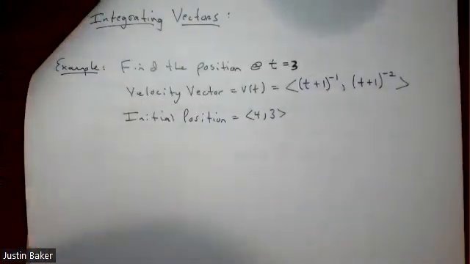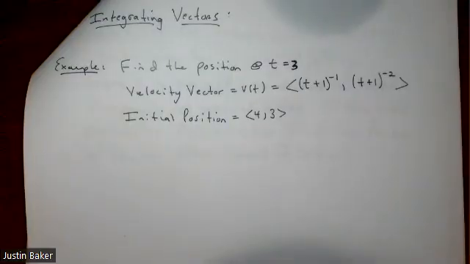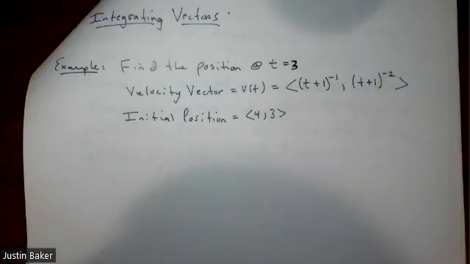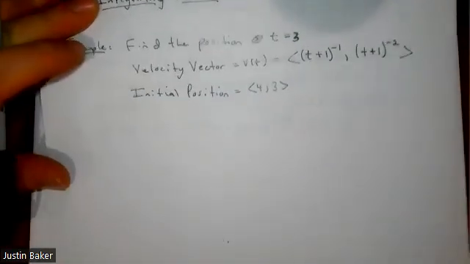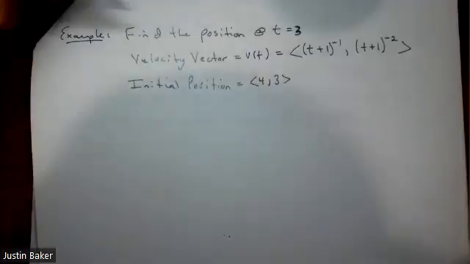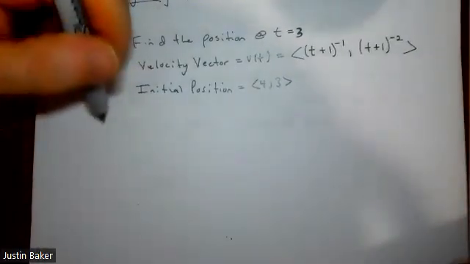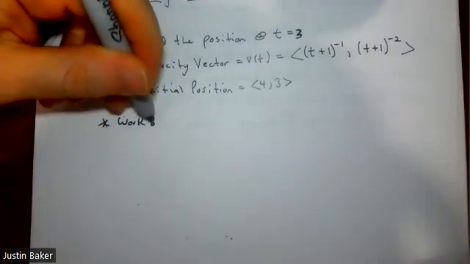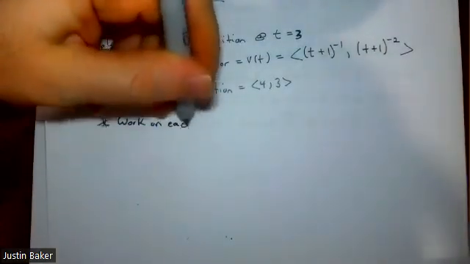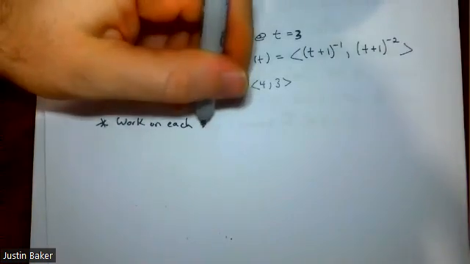Let's see. Next, we have integrating vectors. So this is going to take us back through differential equations when we do this. When we integrate these, I would make a note to yourself here: we're going to work on each piece separately.